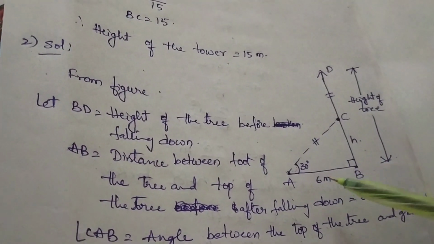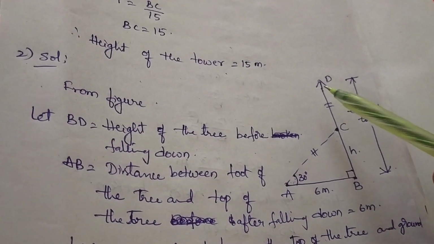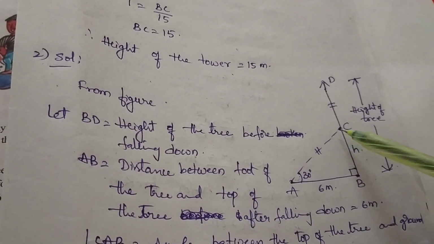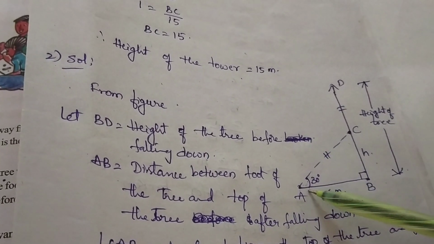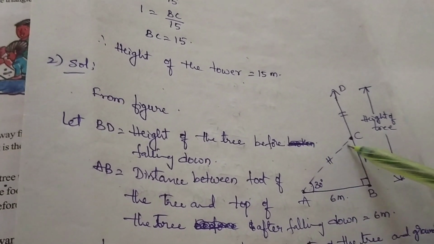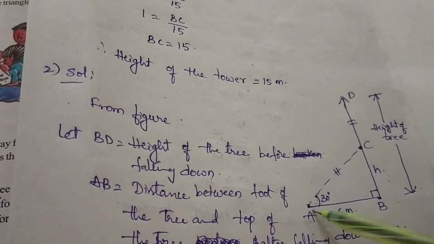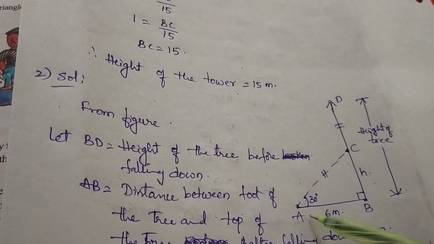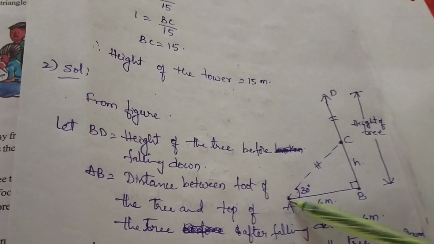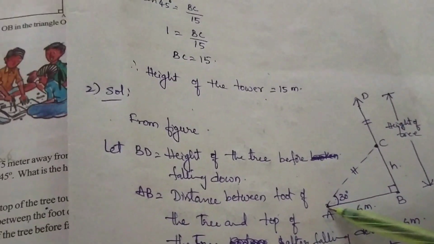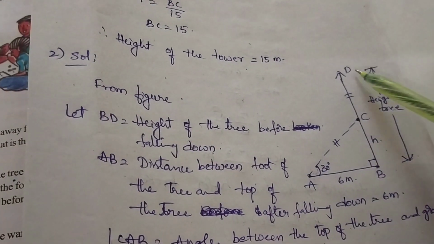Right? So now here we can assume BD as the actual tree height, and after it broke, the CD part fell on AC. AC is the broken part of the tree, and AB is the distance between the foot of the tree and the top of the tree. Children, listen, now how to find the actual height of the tree.